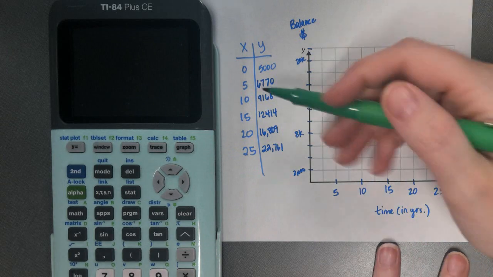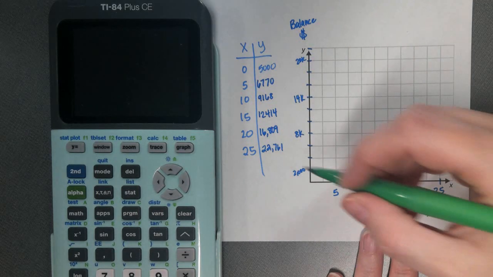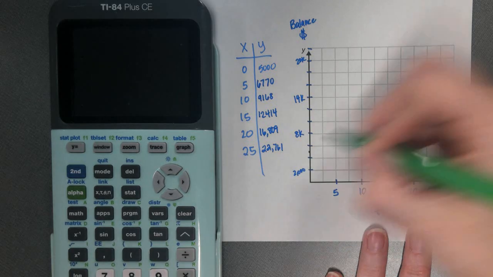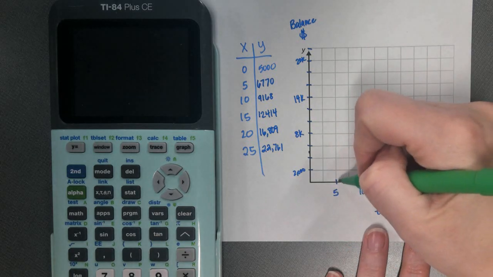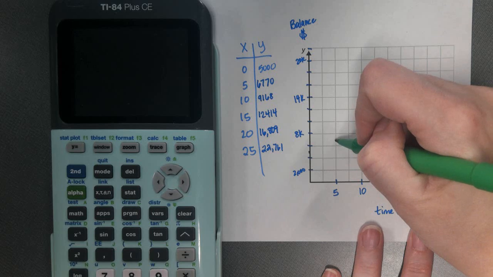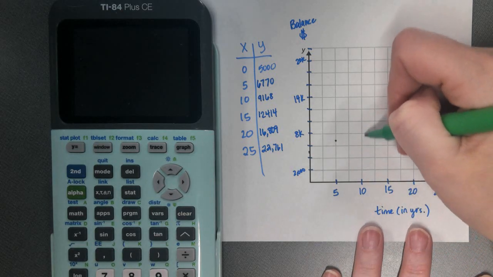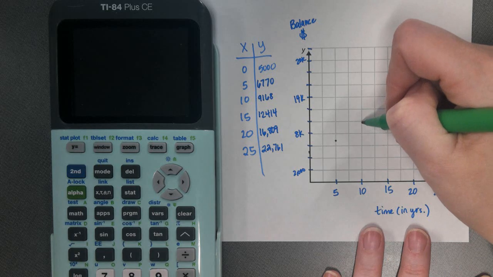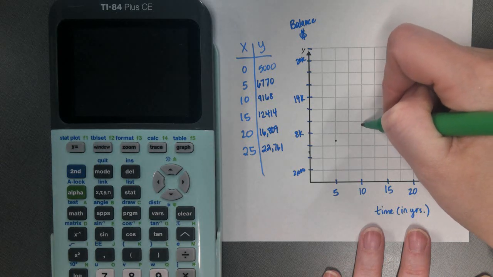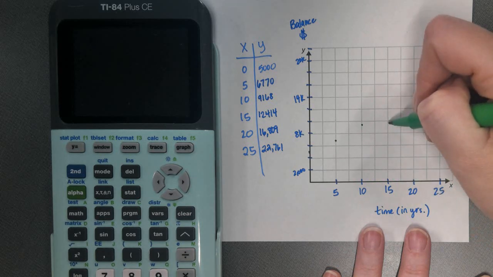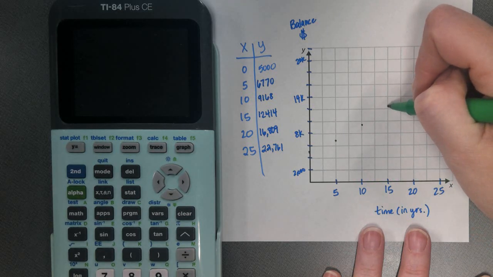Okay, so at 0, we're at 5,000. So if this is 4,000, 5,000 is going to be right in the middle. At 5, I'm almost to 7,000, so maybe I'd put that a little bit below the line. Again, a lot of these are going to be estimations here. At 15, I'm at 12,414.